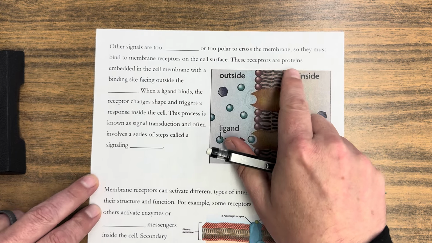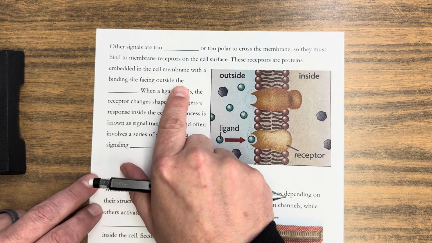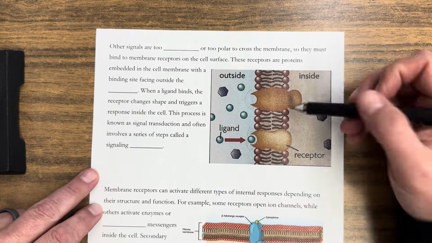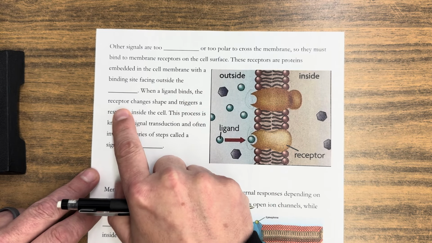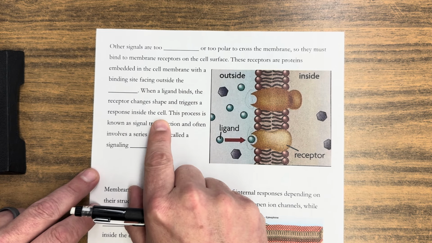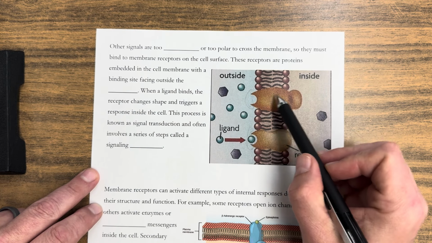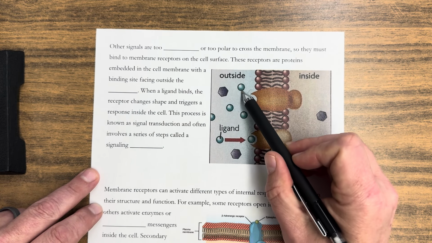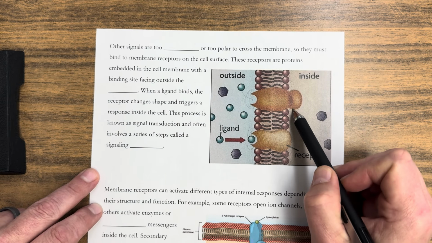These receptors are proteins embedded in the cell membrane with a binding site facing outside the cell and inside, usually. When a ligand binds, the receptor changes shape and triggers a response inside of the cell. In this image, I think what they were trying to show was the receptor without the ligand attached, and it has this extra little bit sitting there.